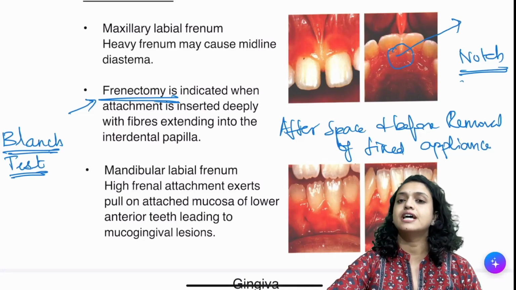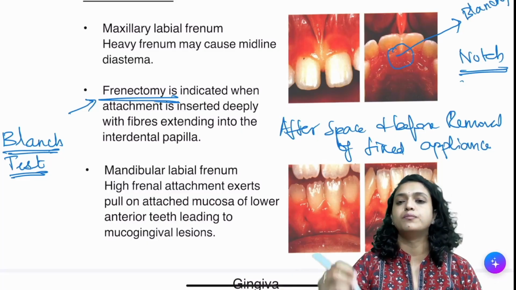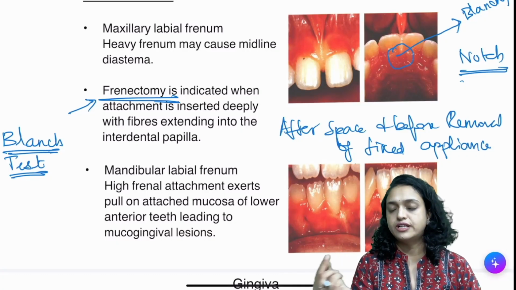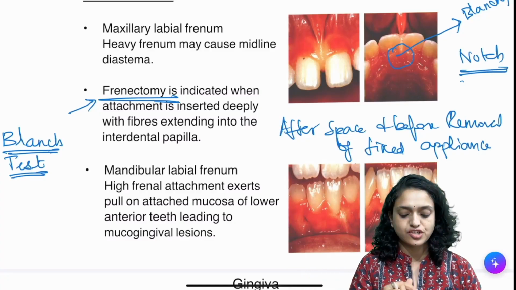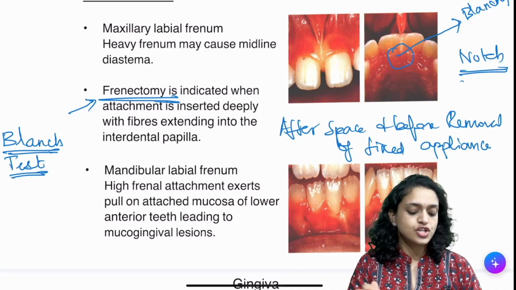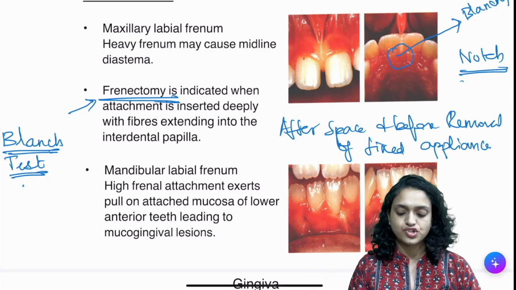If there is a high frenum, there will be blanching, or the color of the mucosa will change from pale pink or red to a more whitish shade. So this is called the Blanch test. High frenal attachment is confirmed by means of a Blanch test. So this is a one mark question. What test is used? You can mention it is a Blanch test.